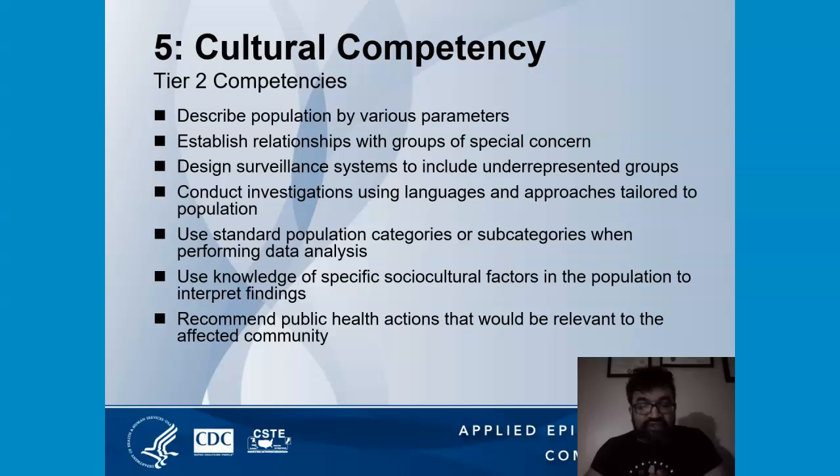We talked about language. We talked about standard population categories, subcategories. Now, understanding the context of knowledge. So in this example that I was using, I'm understanding that culturally certain foods are preferred more so than others, so much so that the consumption of certain foods is attributed with even good health and a tradition that should be promoted and continued from generation to generation.